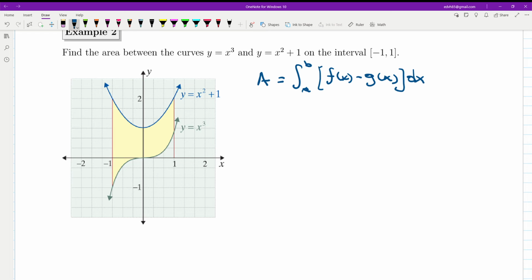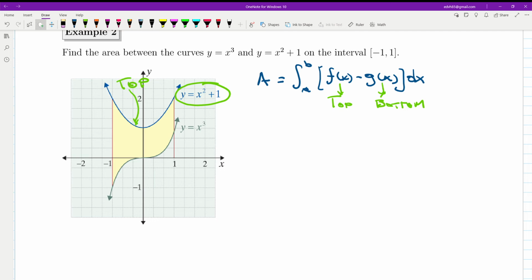For example, in this case, the f of x is always the top function and the g of x is always the bottom function. So in this case, this is the top, which corresponds to the function y equals x squared plus 1.